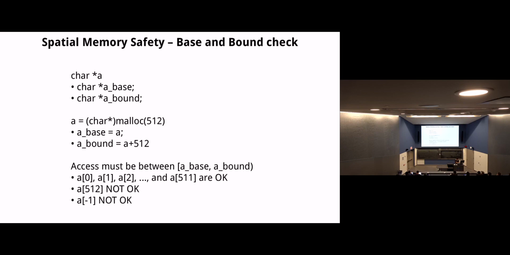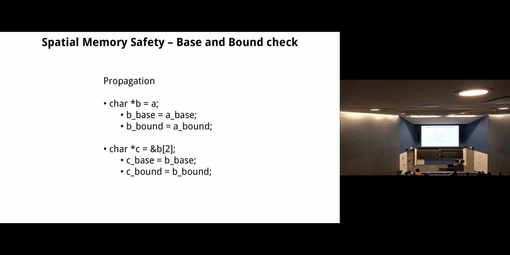Obviously, with this approach, you can see this can be very slow, and this is not memory efficient. But also, if we just check the access, this may not work because A can be assigned to another pointer, or even A+2 can be assigned to another pointer. So to make this secure, we also need to define very complicated propagation policies or propagation rules.